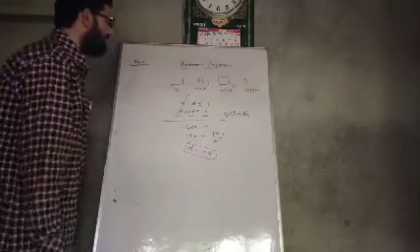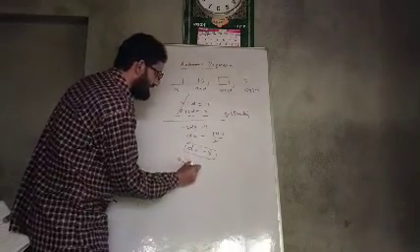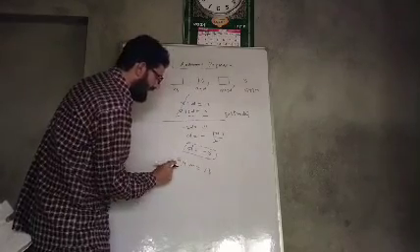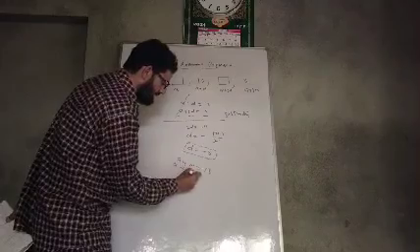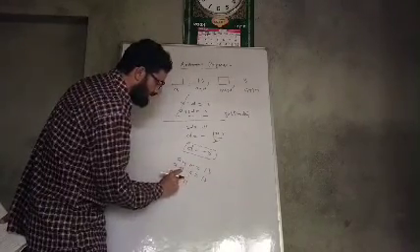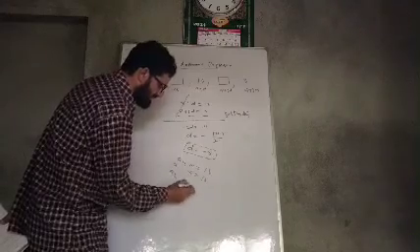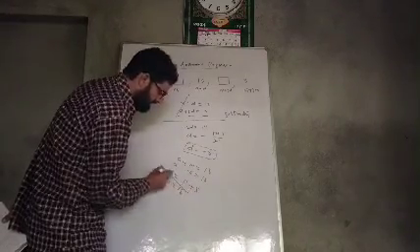Now putting the value of D in the first equation, A plus D is equal to 13. For D we write minus 5, A plus minus 5 is equal to 13. So A is equal to 13 plus 5. You shift this towards the right-hand side, so this will become plus. A is equal to 18.